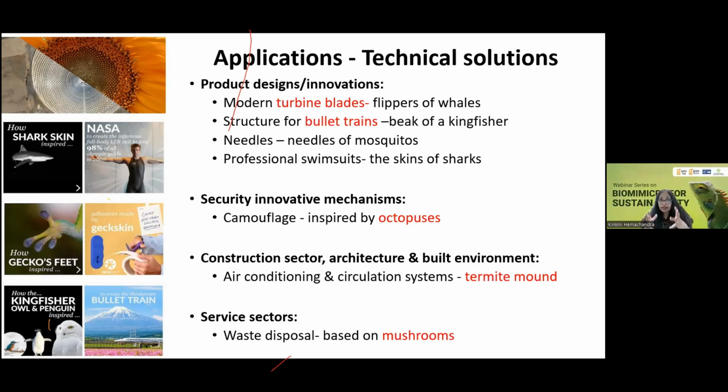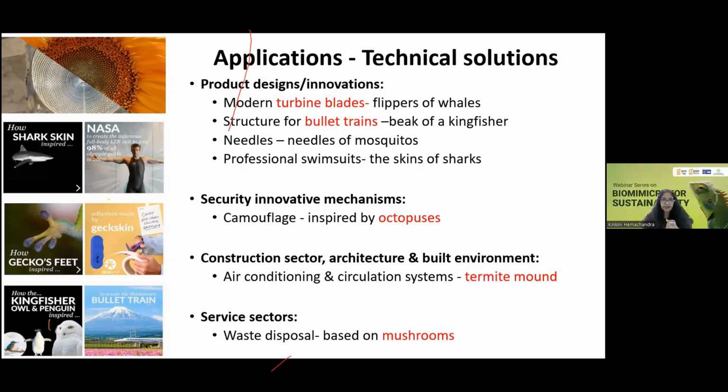Many turbine blades are a result of looking at the whale, the biggest animal in the sea, and its flippers. Looking at the flippers of the whale, the turbine blades were generated.